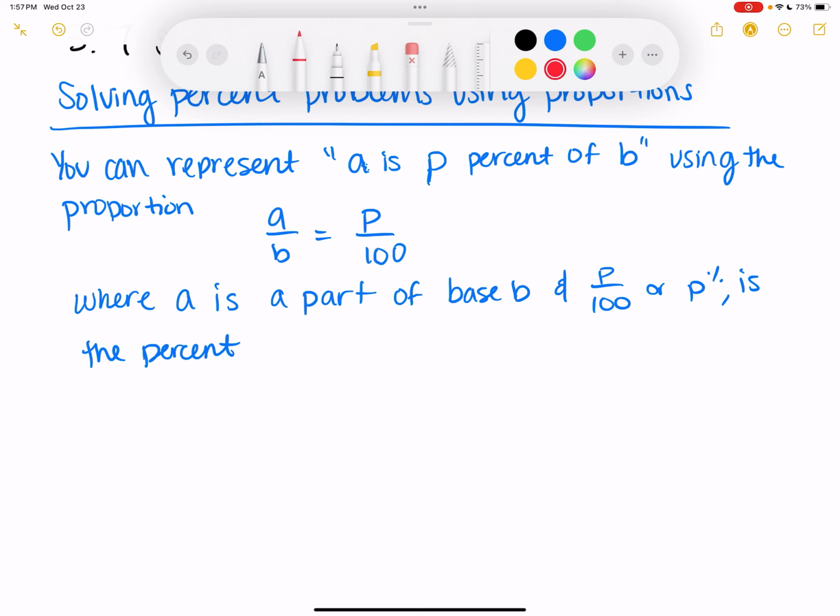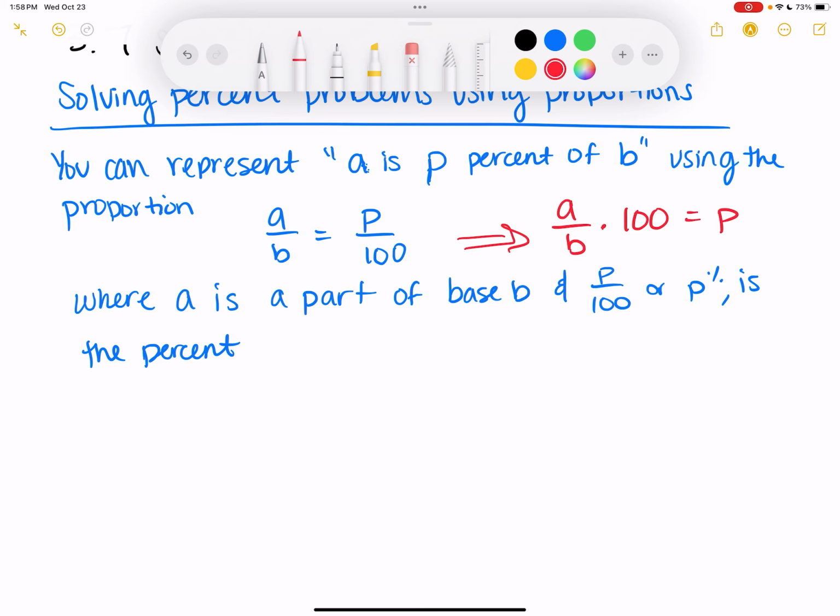So the way that I will oftentimes write this equation is A over B times 100 equals P. I'm still using the formula, I've just already manipulated it. If you want to do it the way I have written in red, that's fine. If you would prefer to do it like it is in blue, that's also fine. I will normally do it like it's written in red, just because it saves me actually having to show that multiplication step.